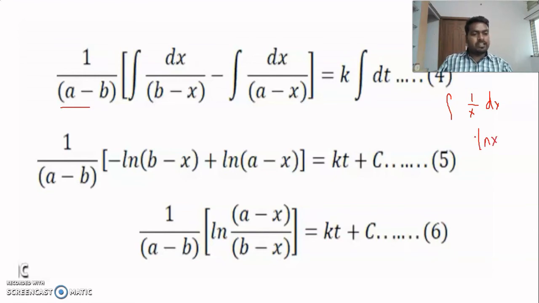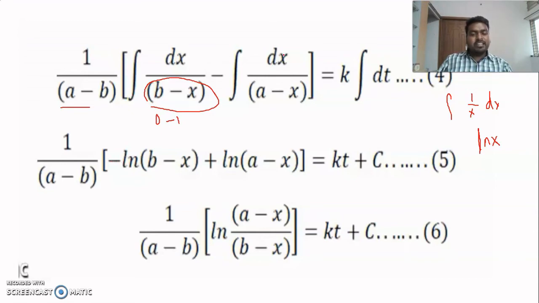This is the natural logarithm, and later we will convert it to a common logarithm. Here, integration of 1 divided by (b minus x) is ln (b minus x), but we have to multiply by the derivative of b minus x, which is 0 minus 1, that is minus 1, so it becomes minus ln (b minus x).